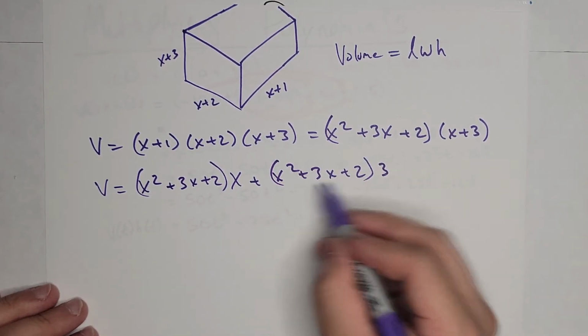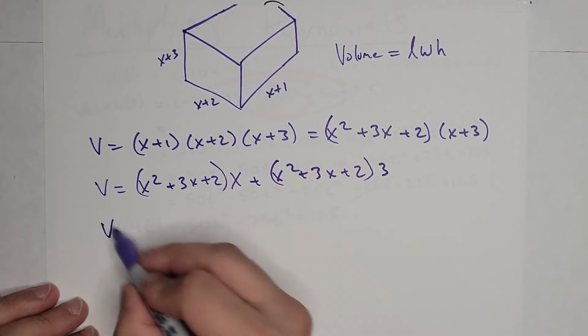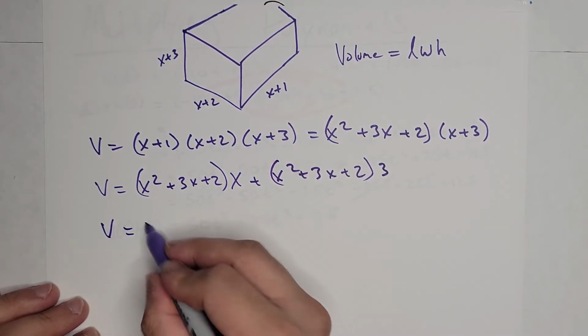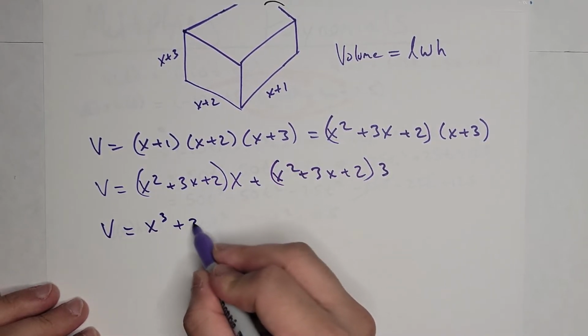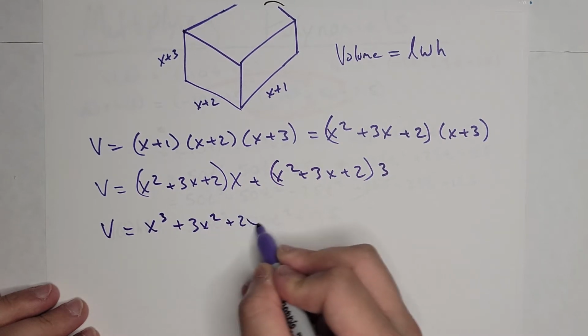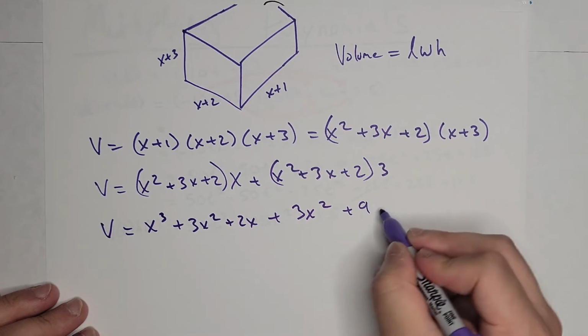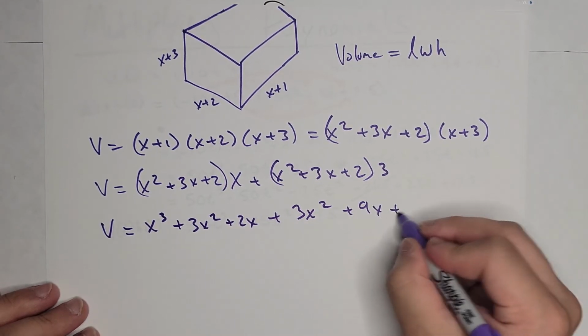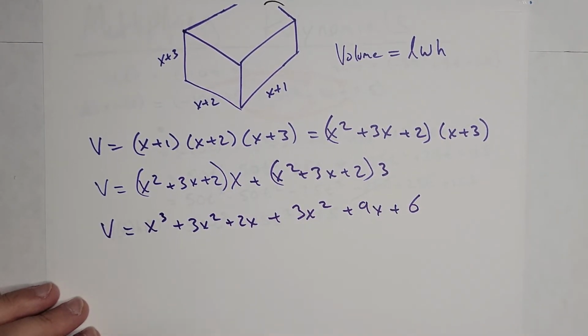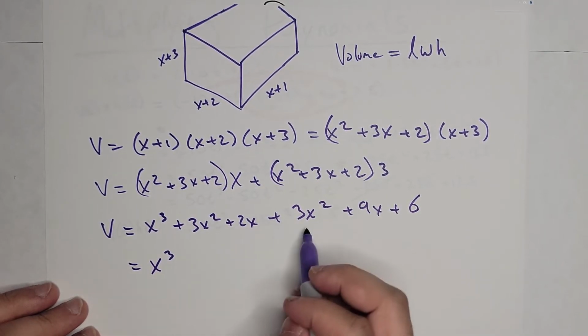This 3 is going to multiply to this trinomial. This x is going to multiply into that trinomial. So I have x cubed plus 3x squared plus 2x plus 3x squared plus 9x plus 6. If I group the like terms, x cubed, I have 3x squared and 3x squared.